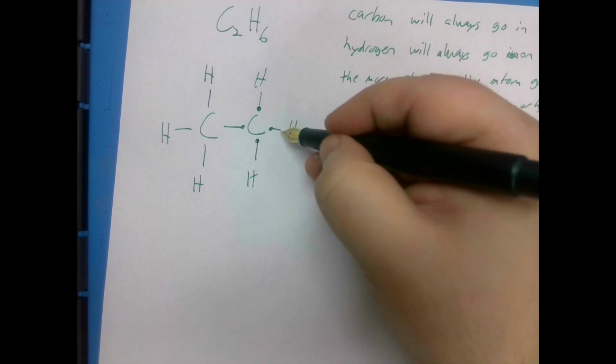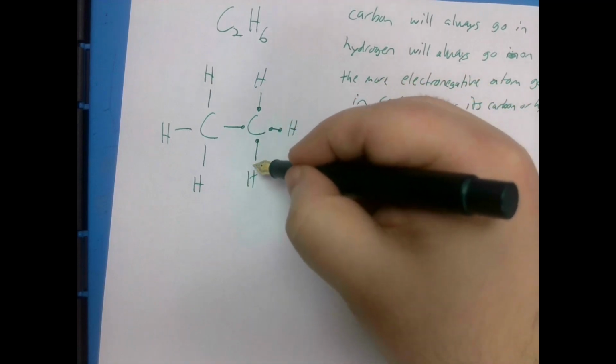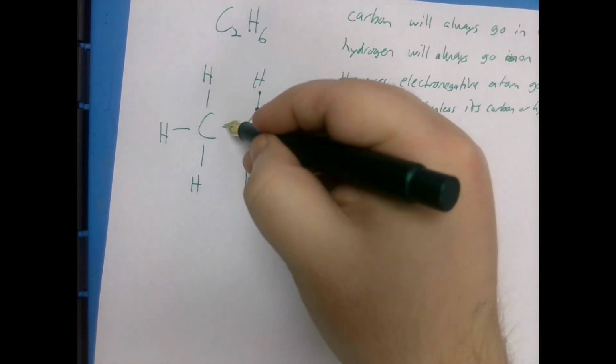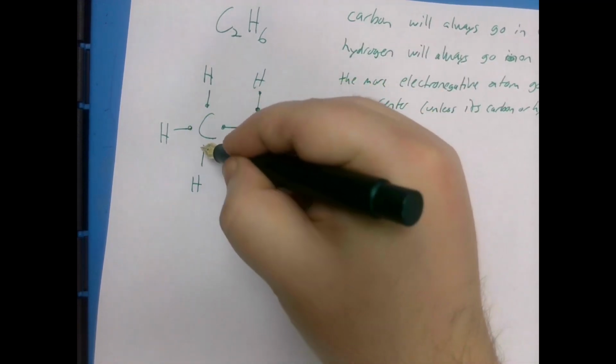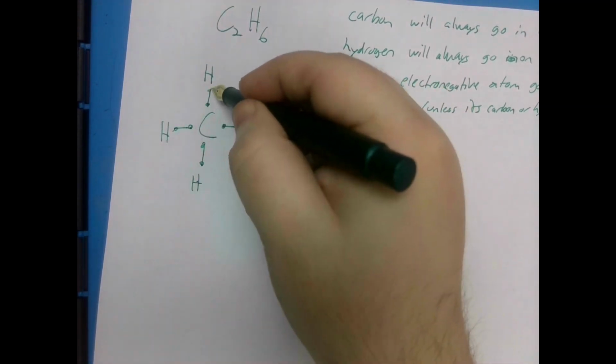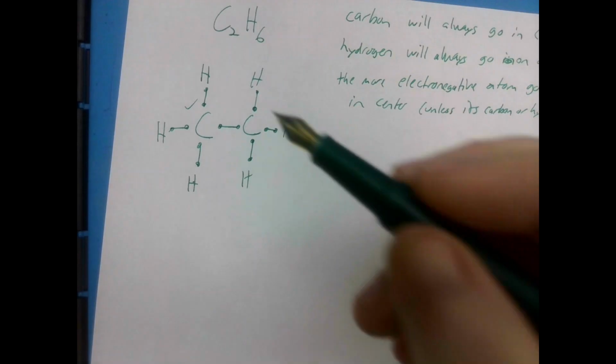And this is the original dot for that hydrogen, and that hydrogen, and that one. Carbon has 4 dots around it, and each hydrogen has 1 dot. So these are my original dots. How many electrons does carbon have around it in total? 8. So it's happy in my symmetry.